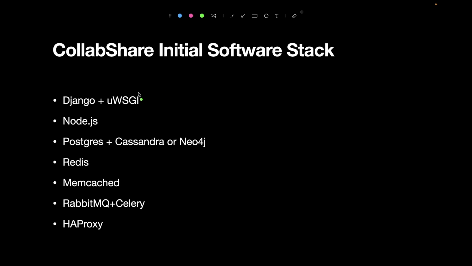Okay, now that we have an overall understanding of the architecture of Instagram, and also we know a little bit about the software stack of Instagram, I would like to mimic that software stack and that architecture and start developing the Collabshare social network platform.